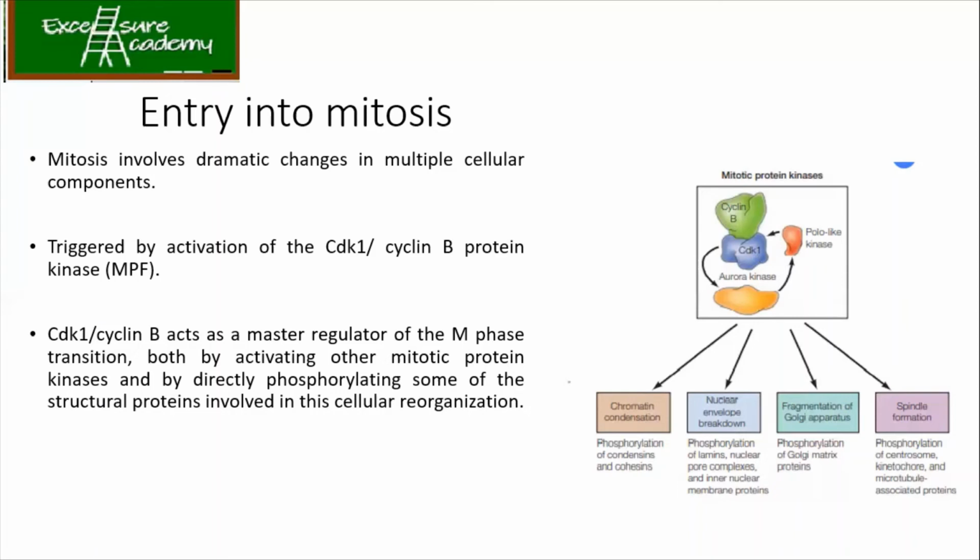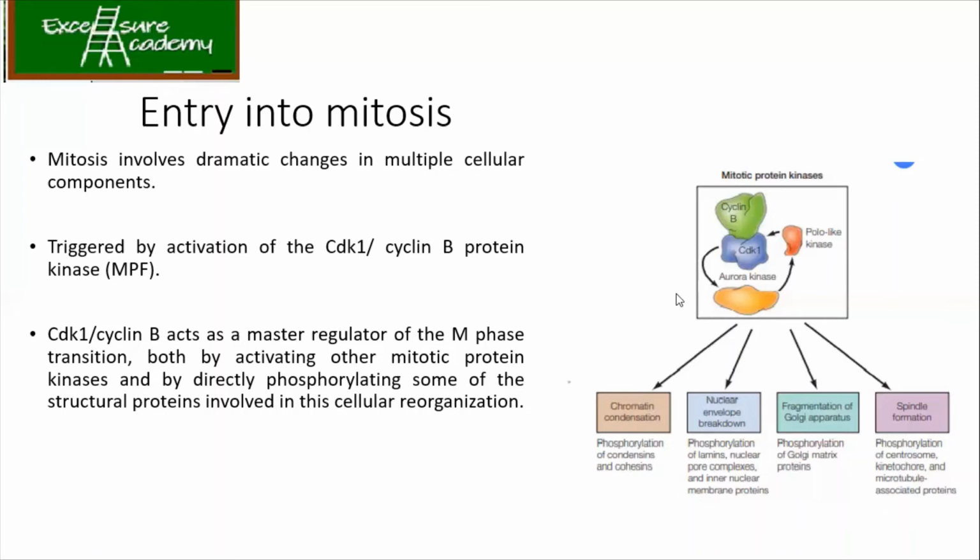Okay, so mitosis involves dramatic changes in multiple cellular components. It is triggered by the activation of CDK1 cyclin B protein kinase. Okay, now CDK1 cyclin B act as the master regulator of the M phase transition. We know MPF, right? Why are they saying that it is a master regulator? Because first of all, we have to go from G2 to M phase.